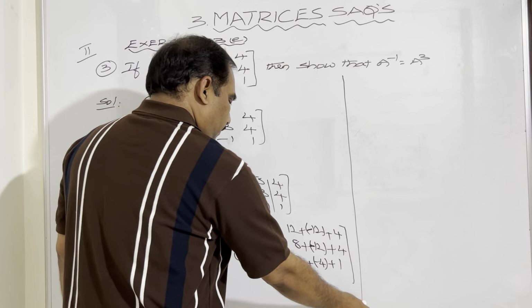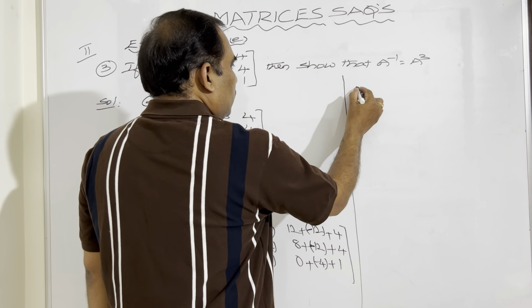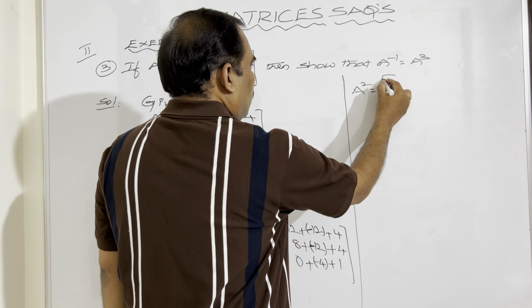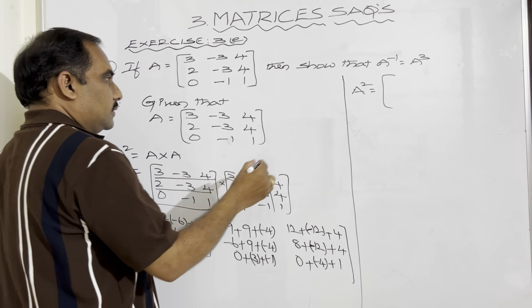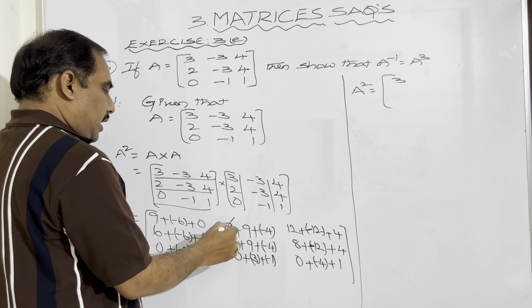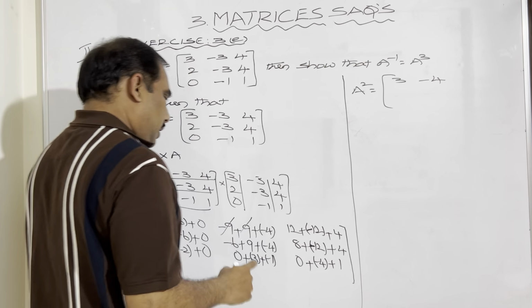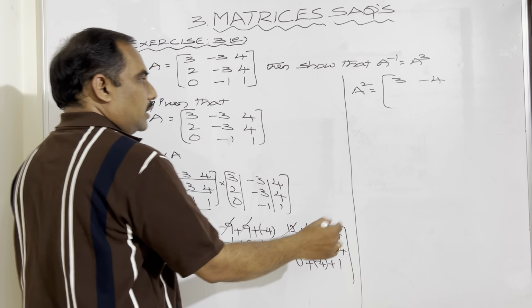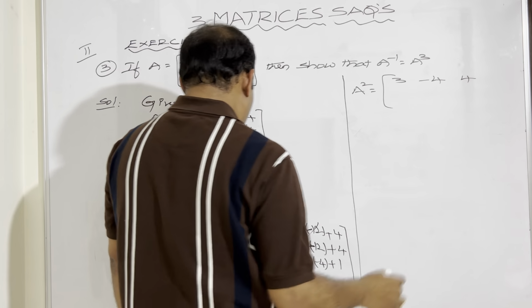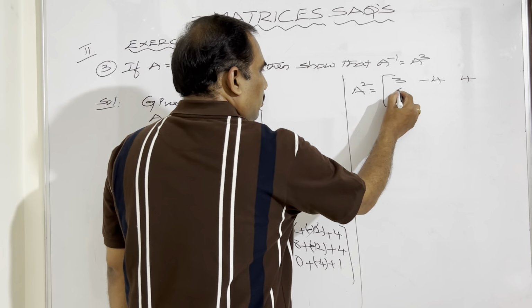So A square is equal to: 9 minus 6, that is 3; plus 9 minus 9 gets cancelled, minus 4; 12 minus 12 gets cancelled, 4; 6 minus 6 gets cancelled, that is 0.